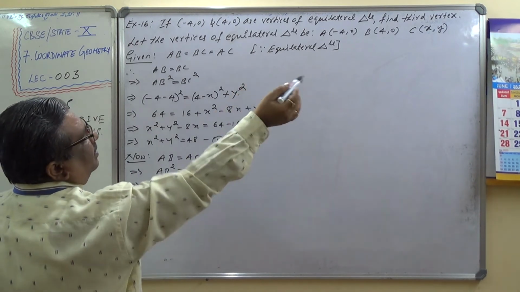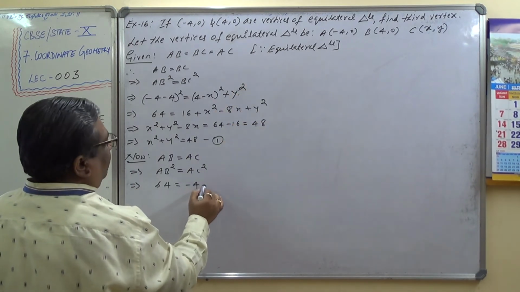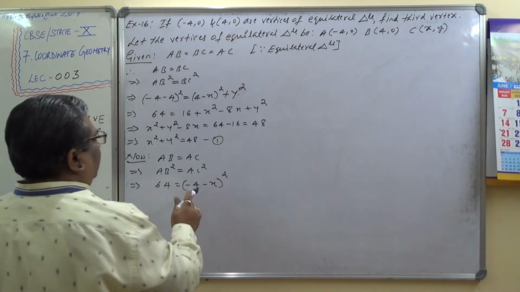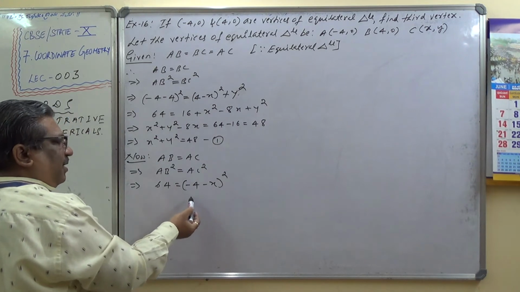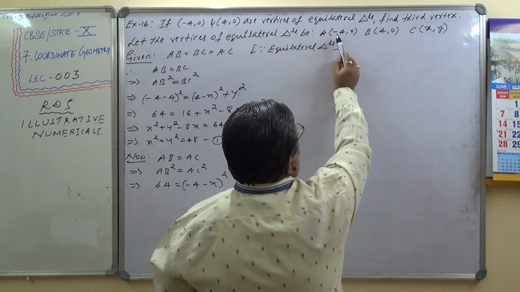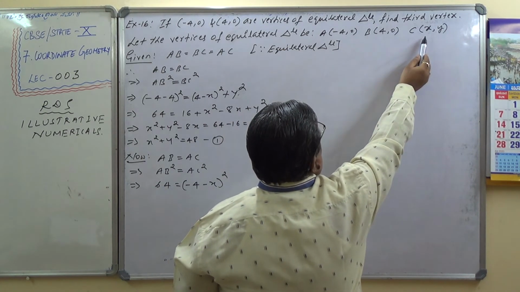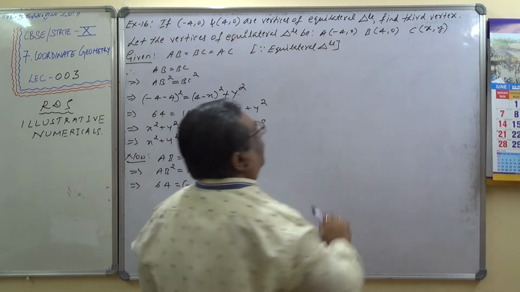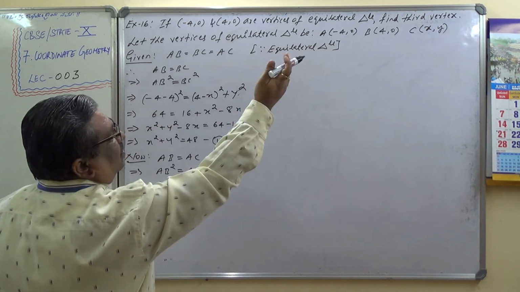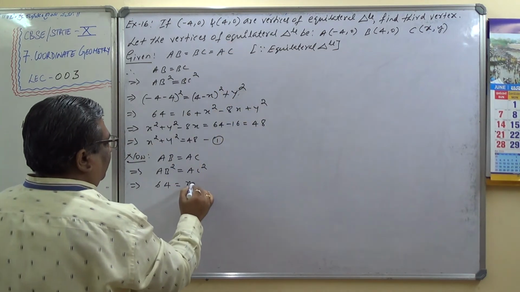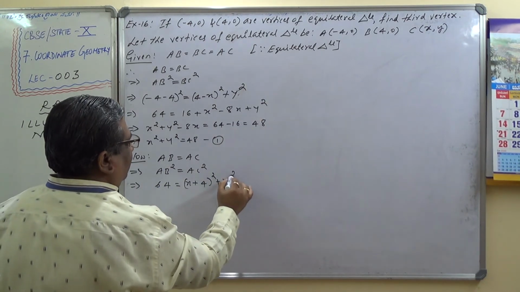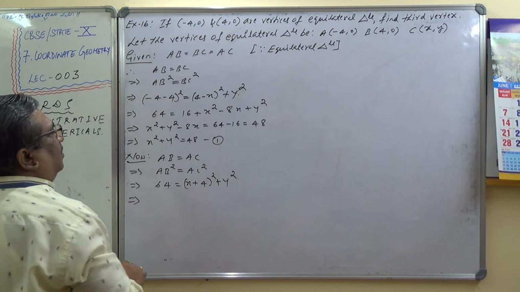AC square, in order to eliminate the confusion, for AC instead of minus 4 minus x the whole square, I will do x minus of minus 4, x plus 4, which is much simpler. So x plus 4 the whole square plus y minus 0 the whole square, which is y square.